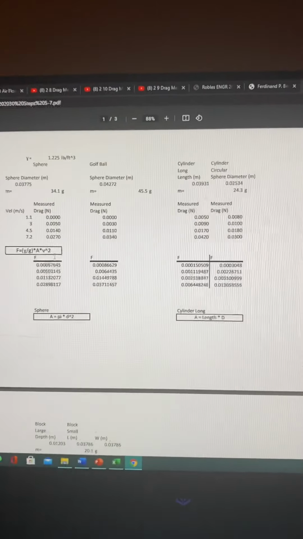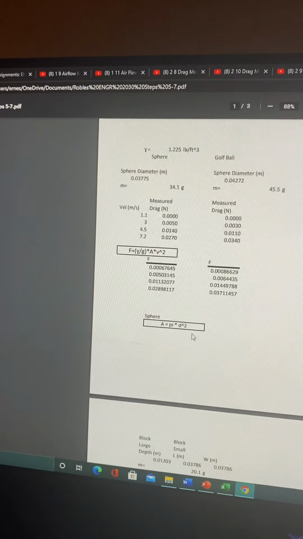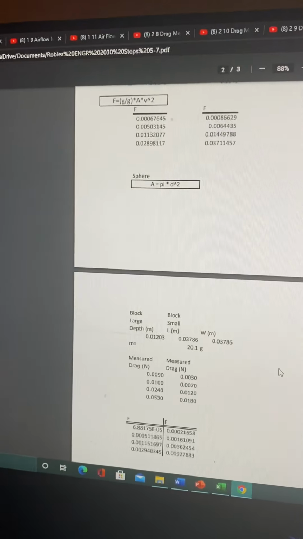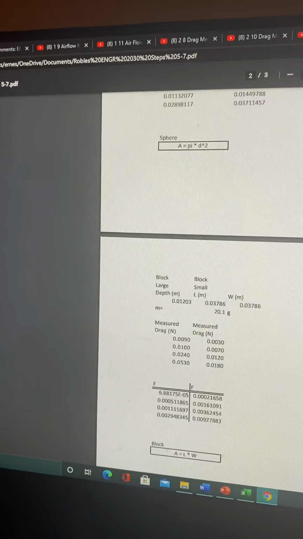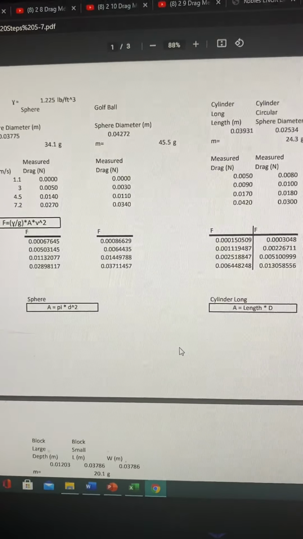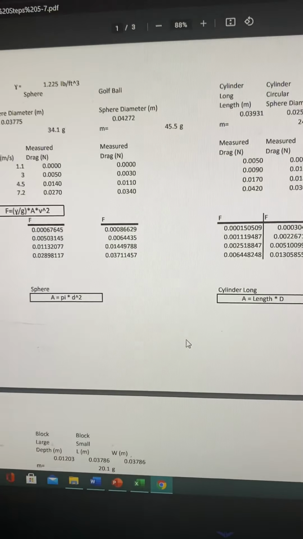Our group had a problem with the area. We got it for the spheres, but for the long side of the cylinder and for the block, we were not sure how to calculate the correct area. We were also unsure how to include the mass in our force.